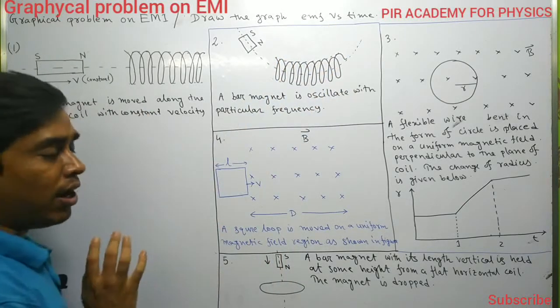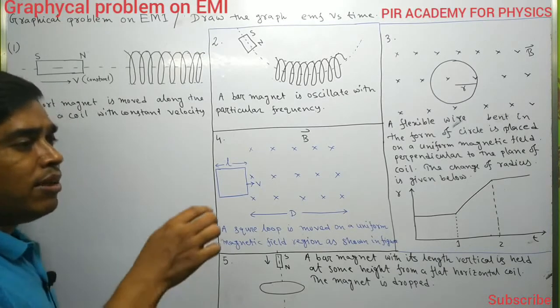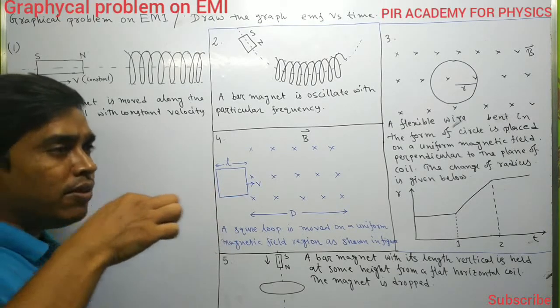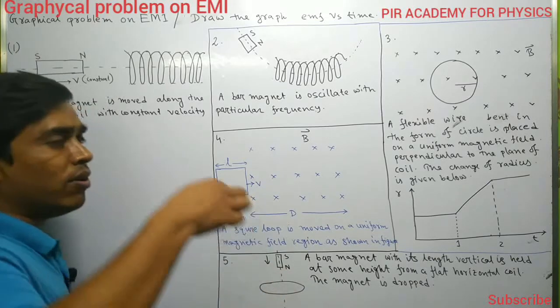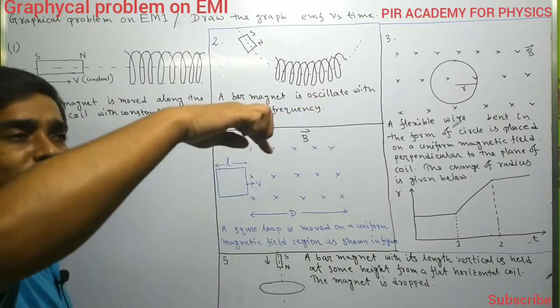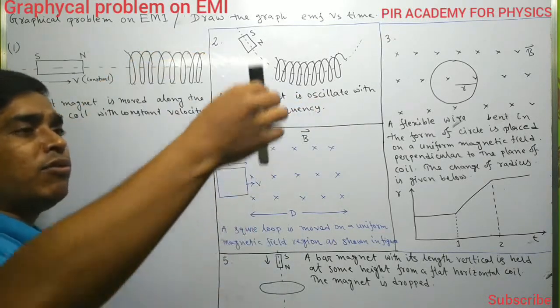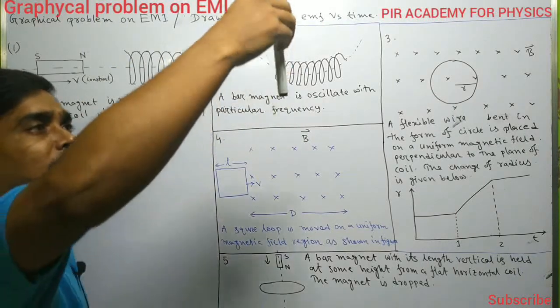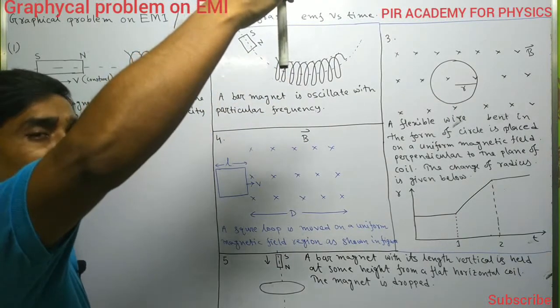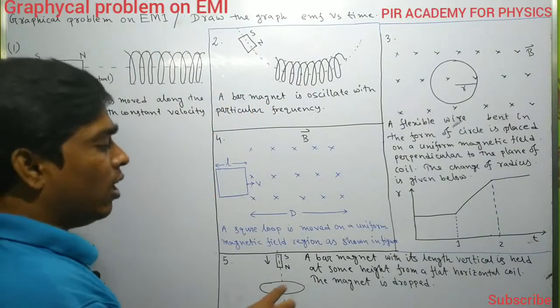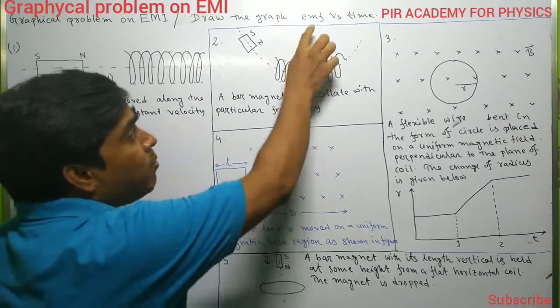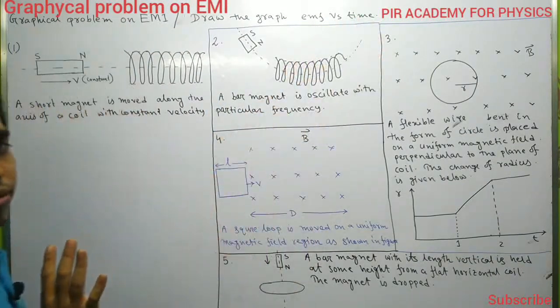Number 5 is, suppose this is a loop, and suppose this is a bar magnet. If this bar magnet is dropped, then what will be the EMF versus time graph?